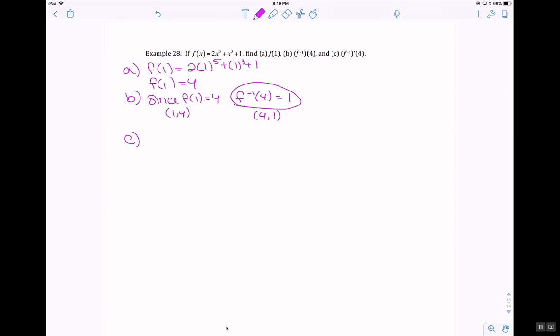Okay, so then I need to find f prime, the derivative of the inverse. So I have x is equal to 2y to the 5th plus y cubed plus 1.